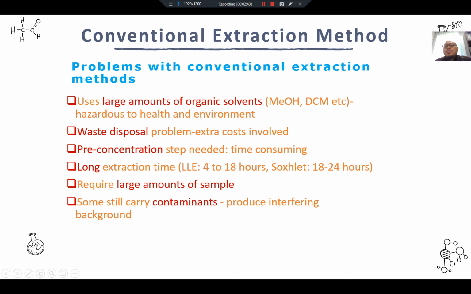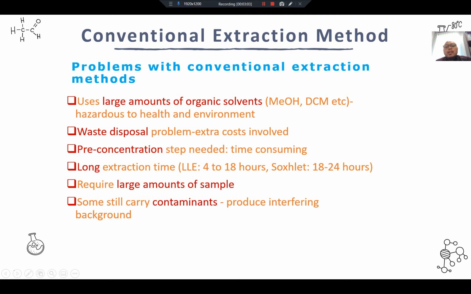Methanol is very toxic. I know you guys deal a lot with methanol. It's not cancerous, but if you consume it, it has a very huge toxicity.